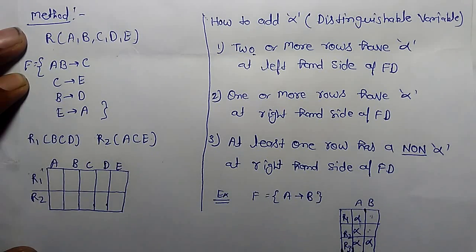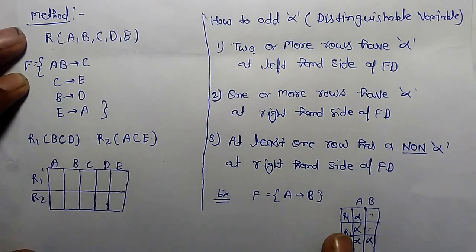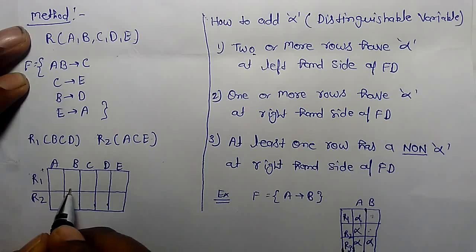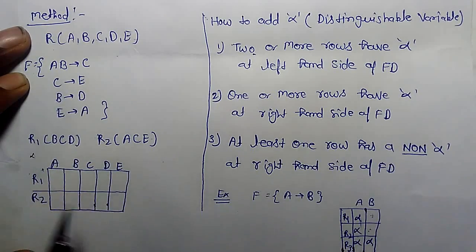Now we have to determine whether this decomposition is lossless or lossy. The method is, we take one variable as a distinguishable variable, alpha, and we fill this table with alpha.